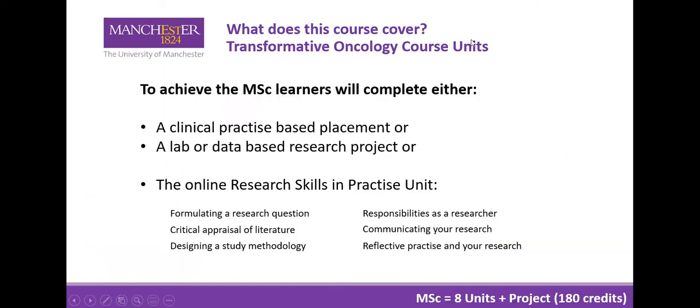And if you're interested in continuing to achieve a master's, you can do this by either completing a clinical practice-based placement or maybe a wet lab or database research project. Or if you want to continue your learning online, we have a research skills and practice unit, which is contextualised with oncology background. And within this unit, you will learn the skills such as formulating a research question, skills in communicating your research, and also designing study methodology.